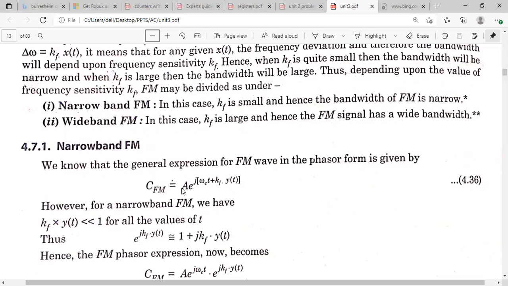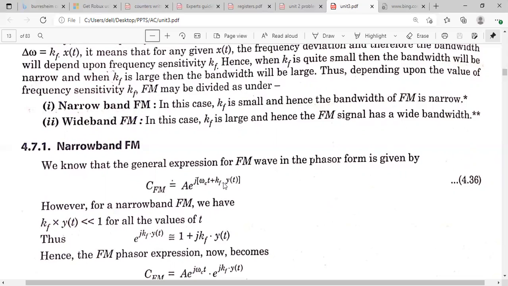So how can you write this expression: A into e power j omega ct into e power j KF into y of t? If KF into y of t is very much less than 1, for example, e power x, how do we expand it? 1 plus x plus x square by 2 factorial, like that you can write the expanded form of the exponential term.